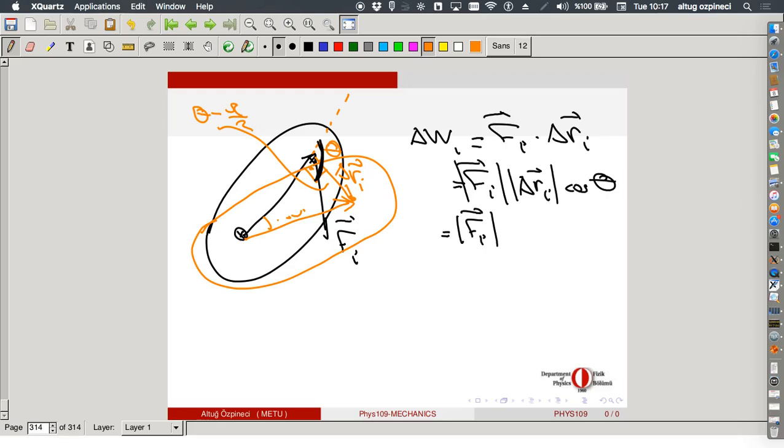So here I have delta Ri times cosine, let's say, theta prime. This is the angle between F and delta R. Theta is the angle between this line and the force F, so I'm using a different symbol, theta prime. What is cosine of theta minus pi over 2?